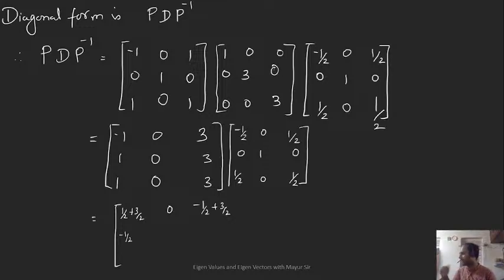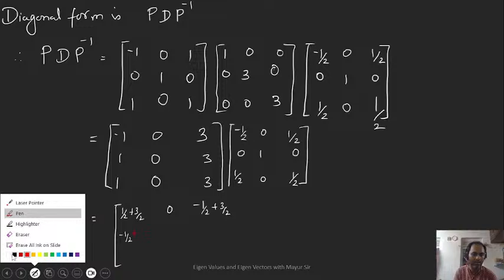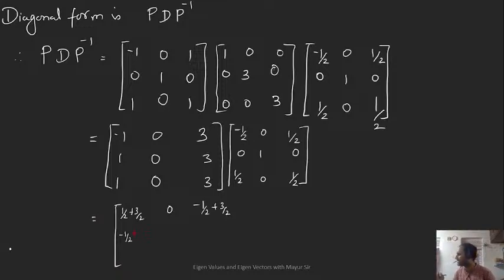Just check, are you getting the A matrix back? I am not getting the A matrix back. I think there is some mistake. 1 0, minus half, and then there is some error. Are you getting the same matrix back? A matrix as answer. Okay, we are getting. Yes, getting A, fine.